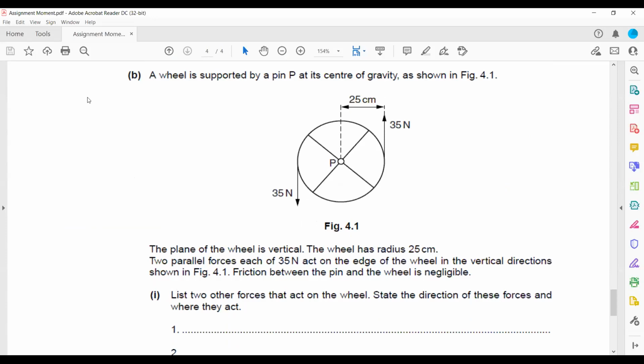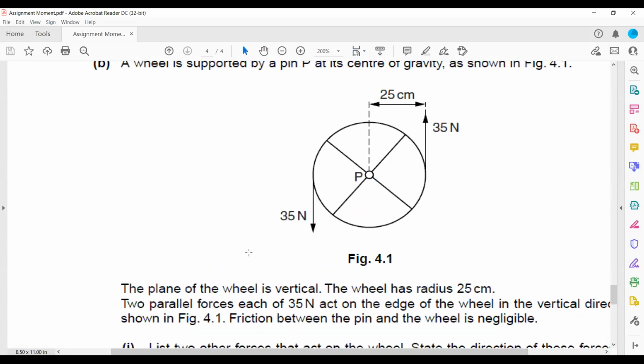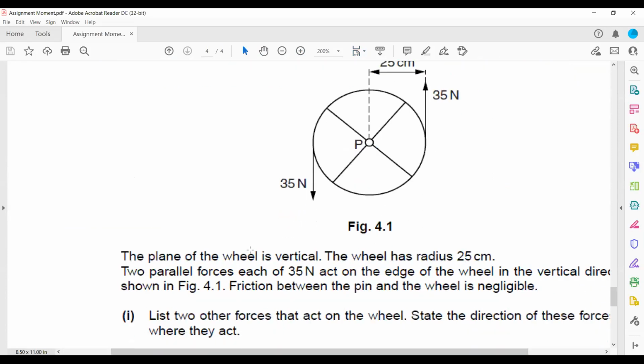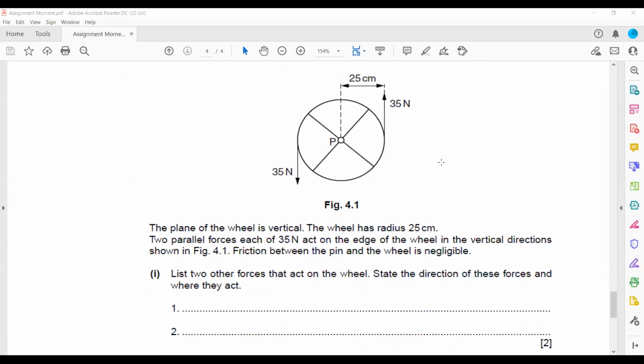Okay. In this question, a wheel is supported by a pin P at its center of gravity, as shown in the figure. The plane of the wheel is vertical, and the wheel has a radius of 25 centimeter.